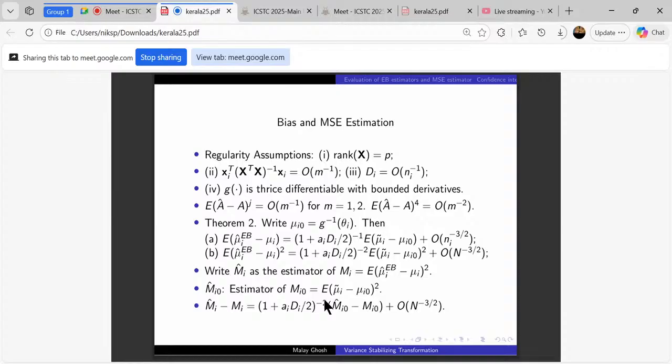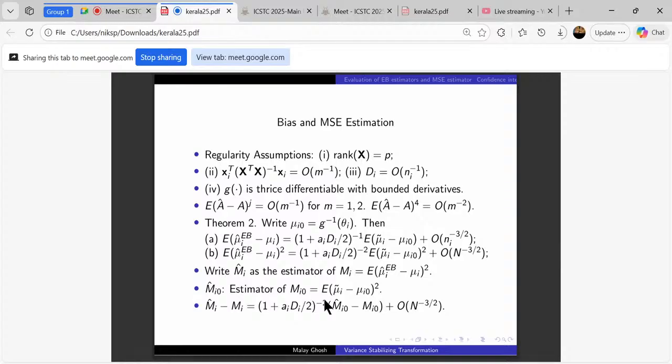The other conditions are also from Fay-Herriot. This is the important thing. You might think the moment is of order m to the power minus half. That is not the case. It is of order m inverse, and then, of course, this is of order m inverse as well. And the fourth moment is of order m to the power minus 2.